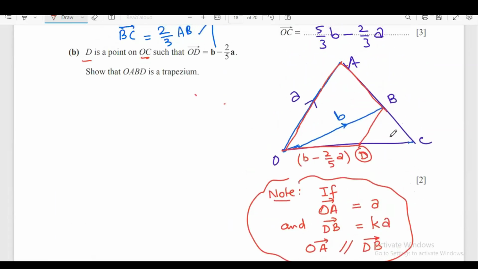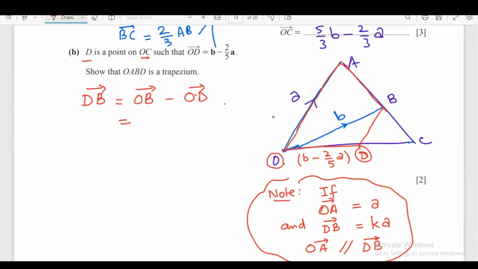Now I'm going to show that OA and DB are parallel, but first we have to find the value of vector DB. To find vector DB, since the origin is given here, we apply the formula OB minus OD.